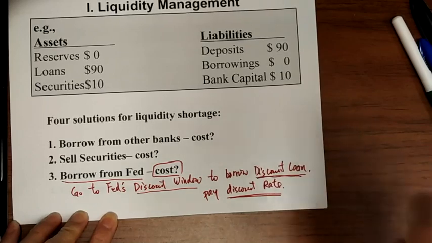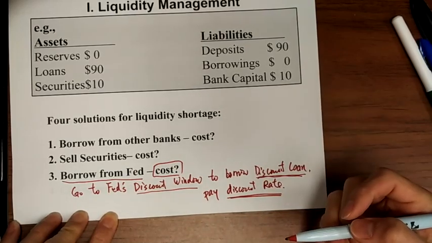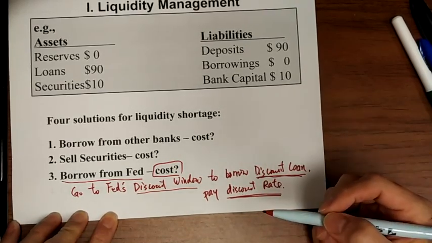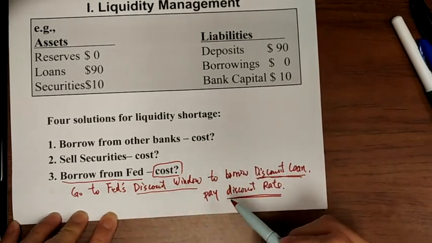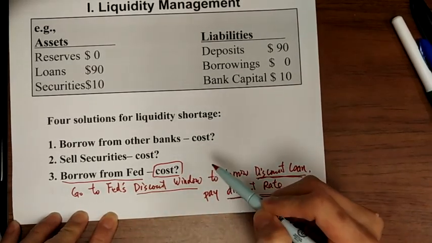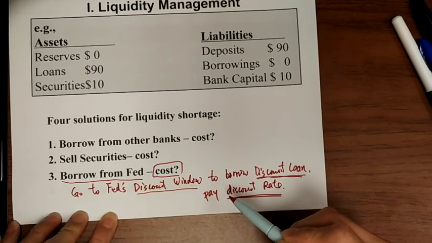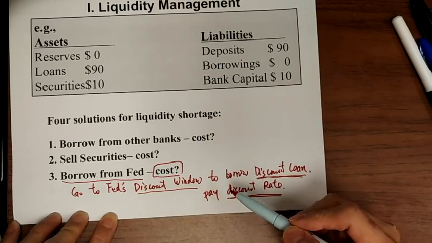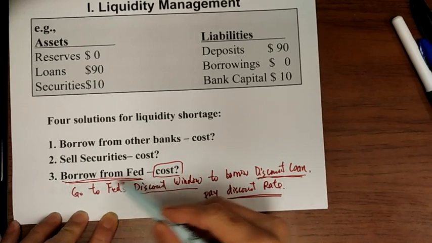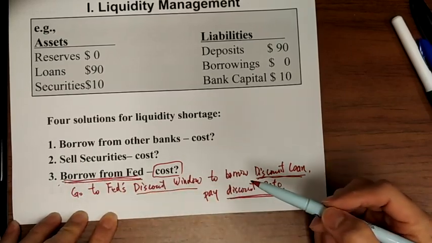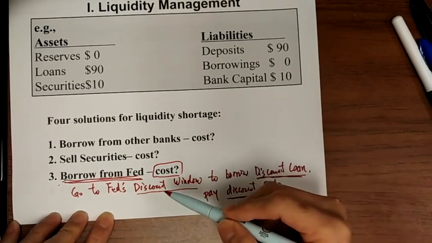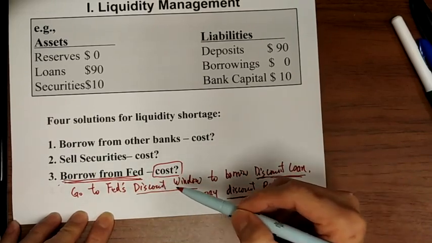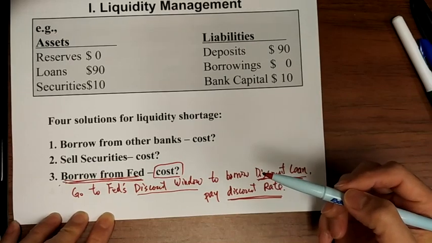Then your boss will keep an eye on you. Therefore, if commercial banks go to the Fed to borrow discount loan, they may be monitored by the central bank, the Fed. Therefore, this is the choice that the commercial banks do not want to choose. This is the stigma for going to the Fed to borrow reserve from the Fed.